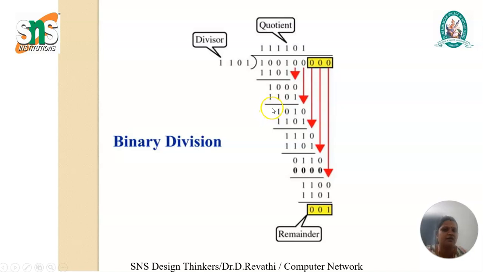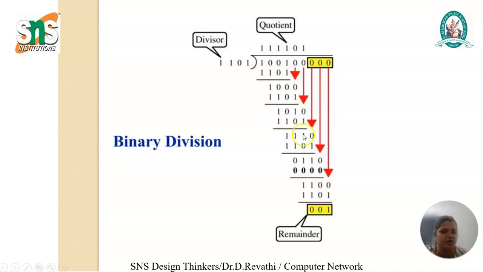We neglect the value here and bring down another 0 from above. It becomes 1010, and it is divided with the same number, 1101.